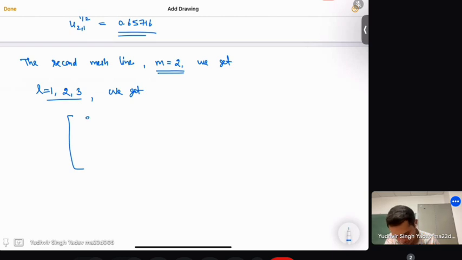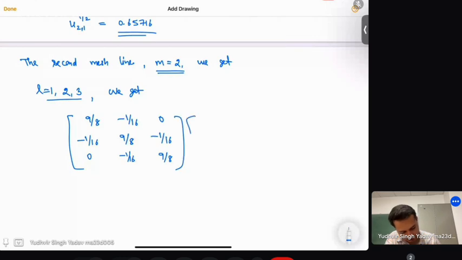It is 9 by 8, minus 1 by 16, 0, minus 1 by 16, 9 by 8, minus 1 by 16, 0, minus 1 by 16, 9 by 8, and the unknown vector is u(1, 2 half), u(2, 2 half), u(3, 2 half).